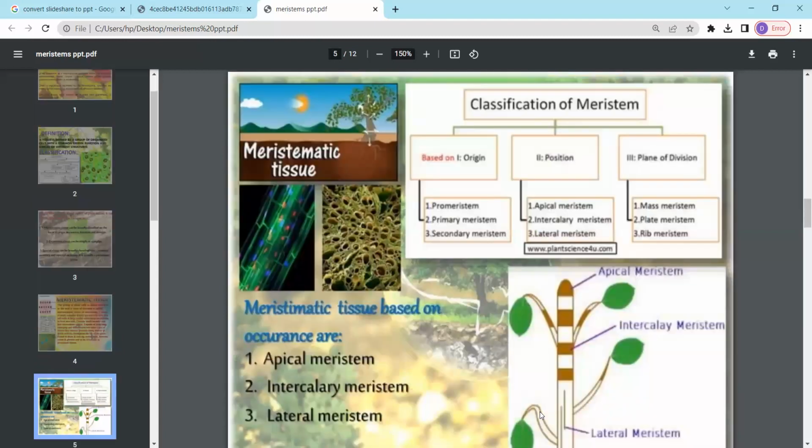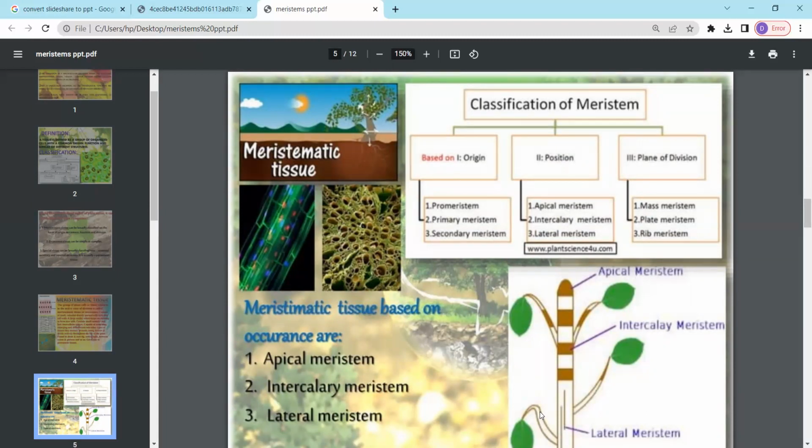Meristems are again classified into different types based on origin, position, and plane of division.